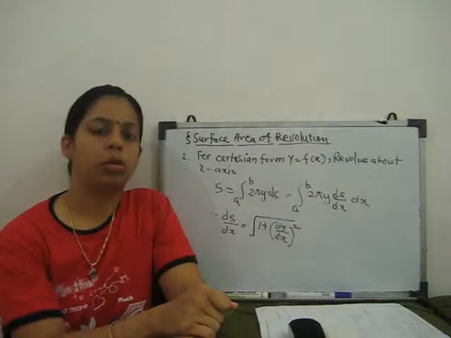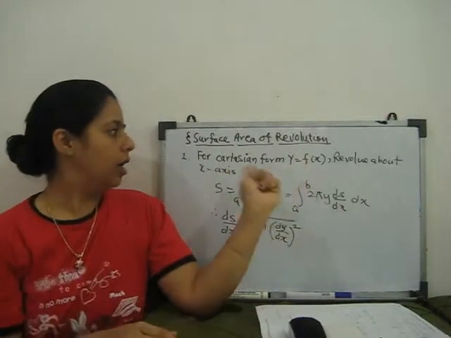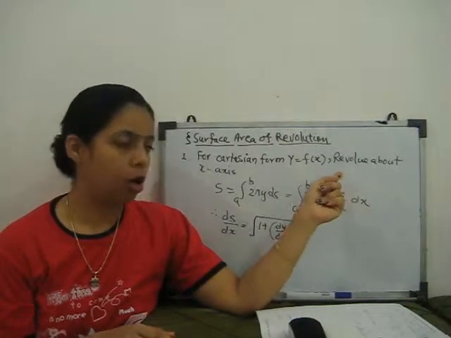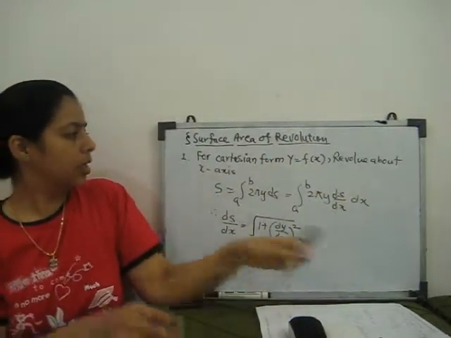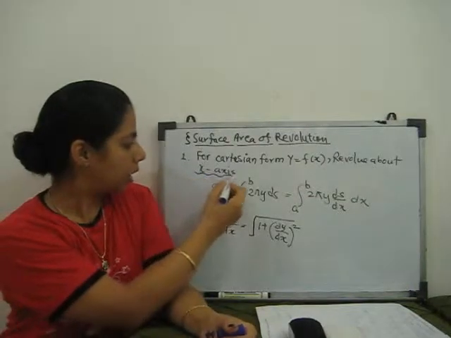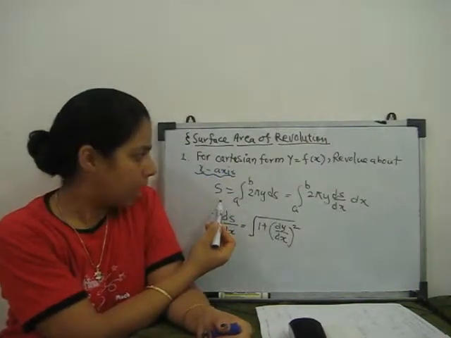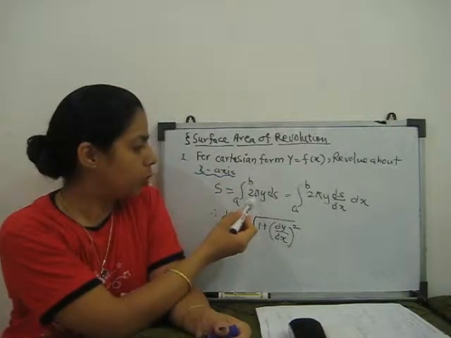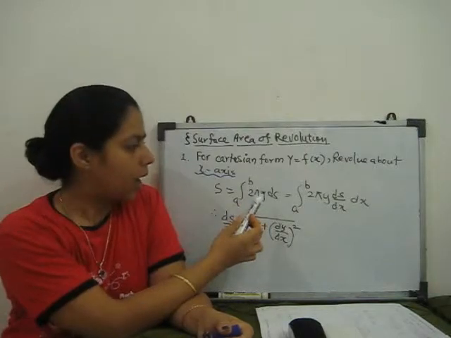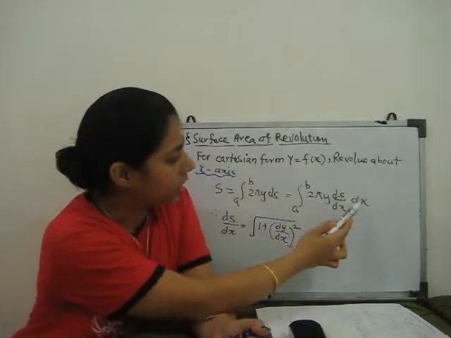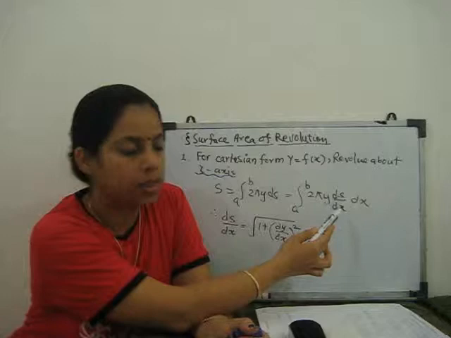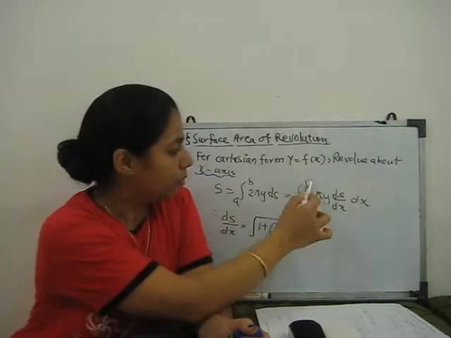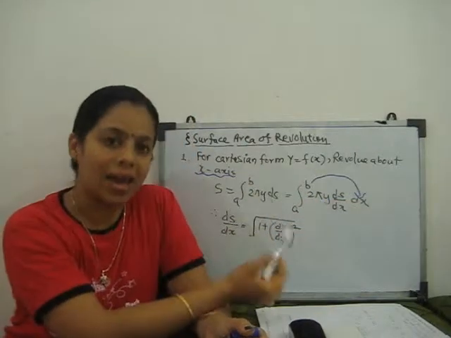First we discuss the Cartesian coordinates. If our curve is in the form y is equal to f(x) and it revolves about the x-axis, then the surface area S, with limits of x from a to b, is the integral of 2 pi y ds. Now we divide and multiply by dx, because the given limit is in terms of x, so we integrate with respect to x only.